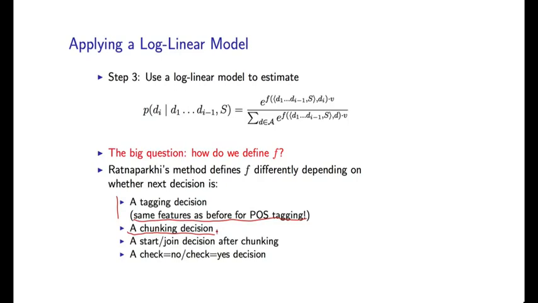Really, these features mirrored the features used for part-of-speech tagging. The only subtlety with these features is that they can themselves look back at the tagging decisions. So I could ask questions about what is the part-of-speech tag for the current word that I'm trying to chunk. That obviously is a very useful feature.